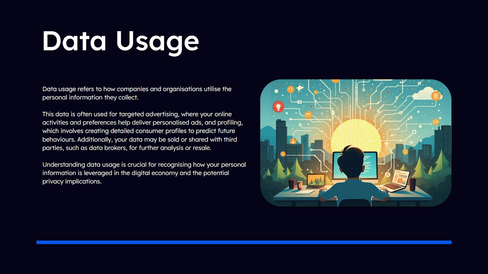Additionally, your data may be sold or shared with third parties, such as data brokers, for further analysis or for further resale. So, understanding data usage is crucial for recognizing how your personal information is leveraged in the digital economy and the potential privacy implications that do occur. But however, remember, everything's being consented, everything is legally abiding because no one is breaking any laws as long as you consent.